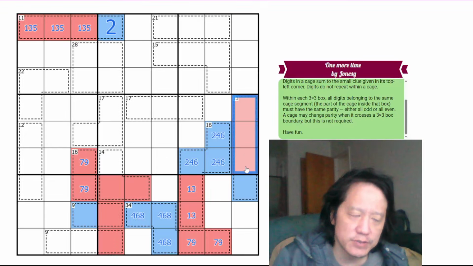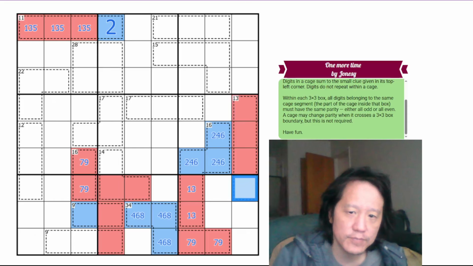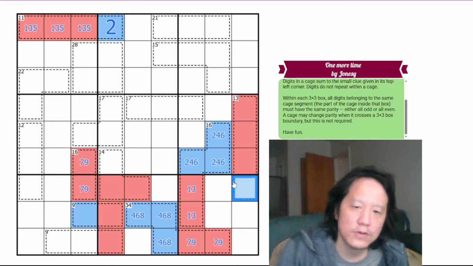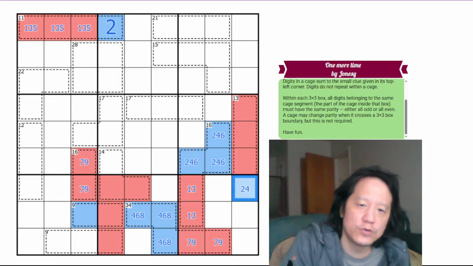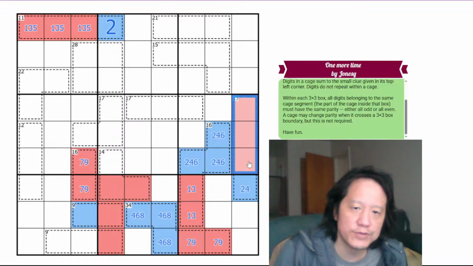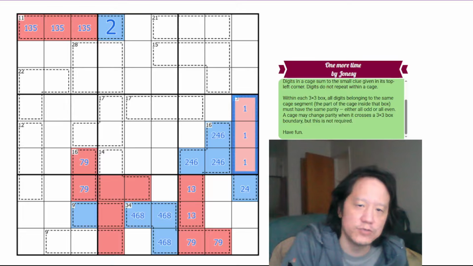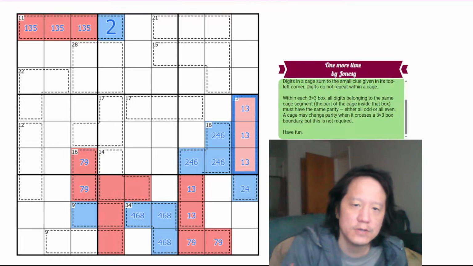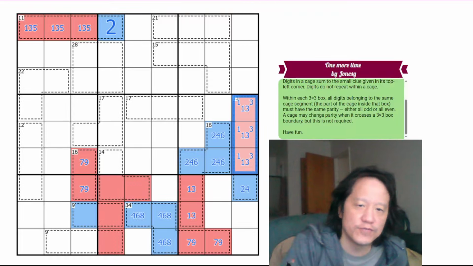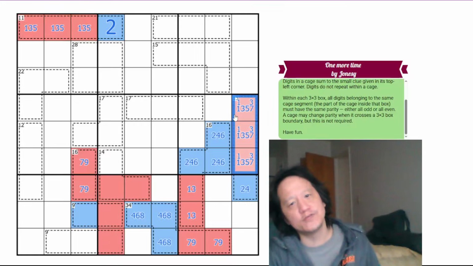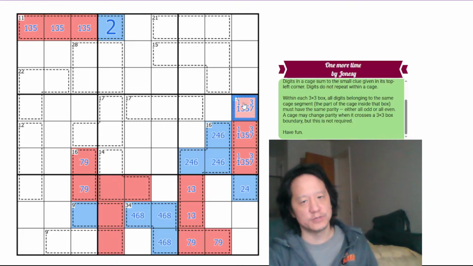What are the possibilities? We have minimum 1, 3, 5. So that would add up with 4 to add up to 13. So this is either 4 or 2. And this could be 1, 3, 7. So we're guaranteed 1, 3 here, and we don't know if it's with 5 or 7. 1, 3, 7 adds up to 11, plus 2 adds up to 13.